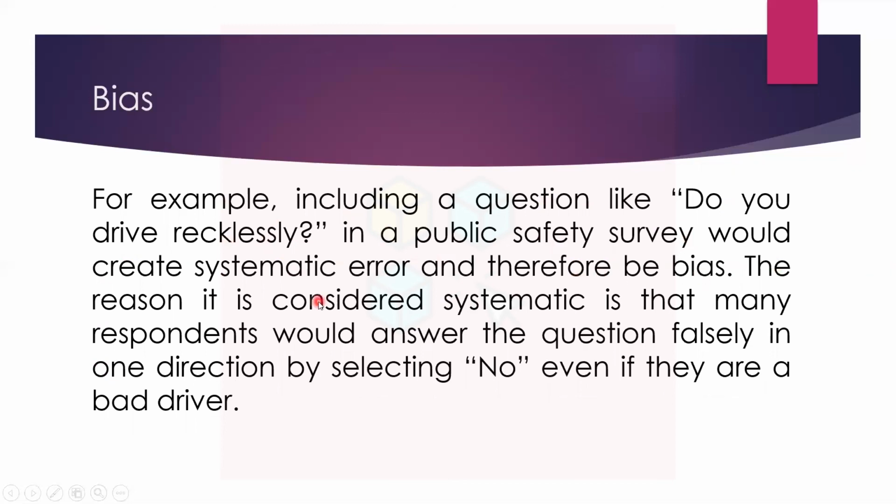The reason it is considered systematic is that many respondents would answer the question falsely in one direction, selecting no, even if they are a bad driver. If you ask a question like this in a public place, definitely you will get wrong answers from the respondents, and respondents will say that they are a good driver, although they are actually not.